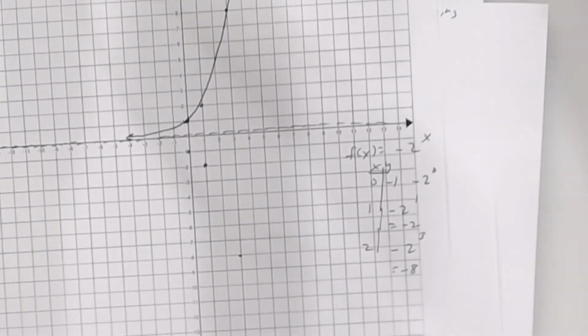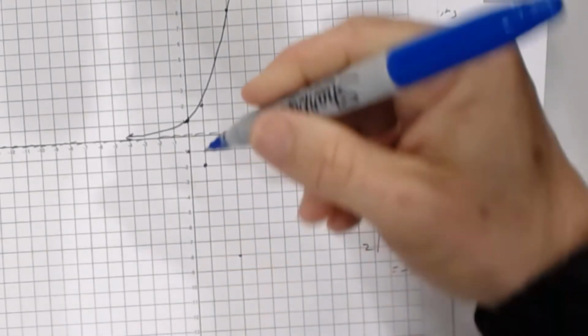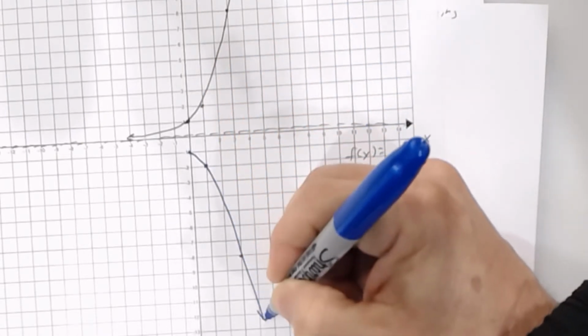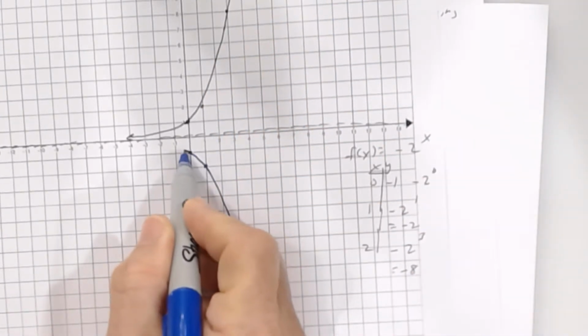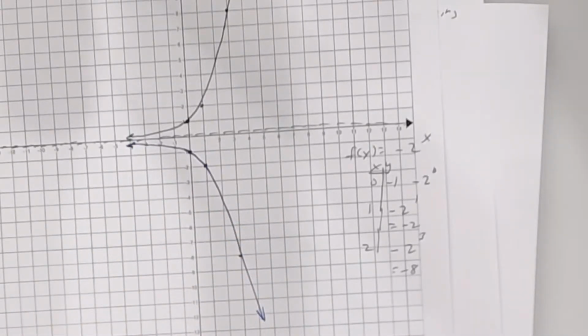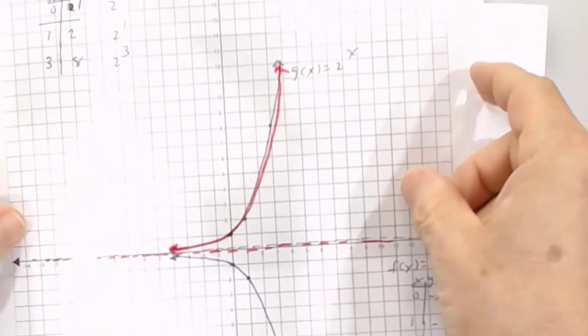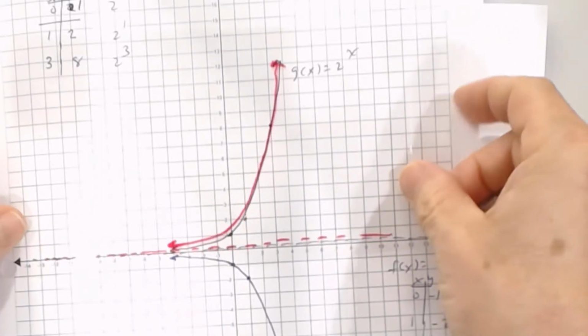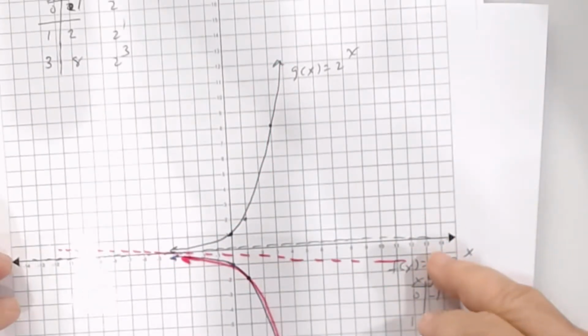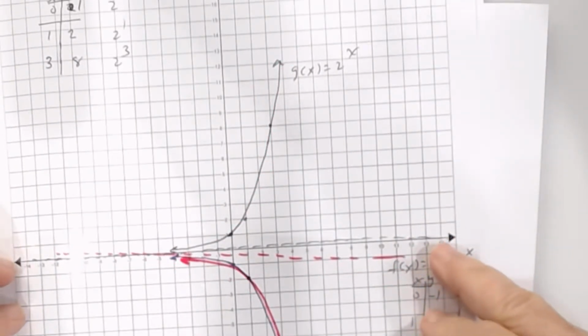And then all I do is just draw my graph. Looks like this. And on this side, it gets closer and closer to the horizontal asymptote. And it kind of makes sense that needs to be the graph, because when I did this earlier, right here, and I reflected it, the red is going to overlap with the blue.